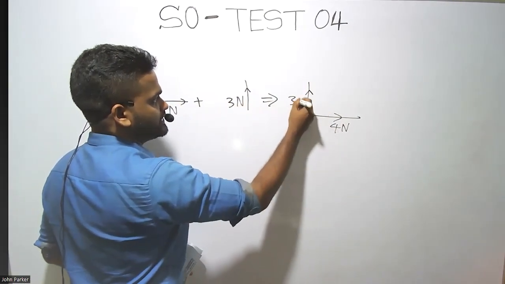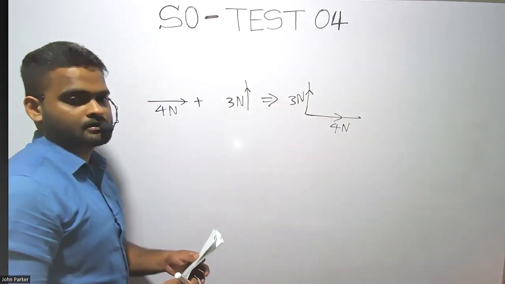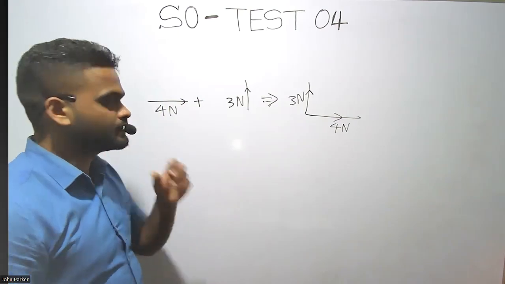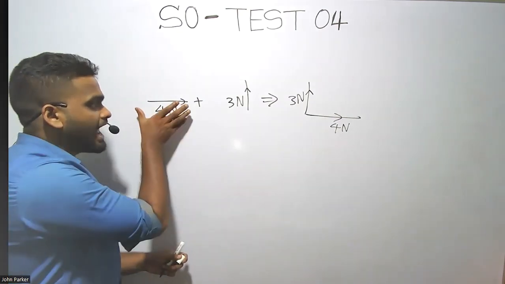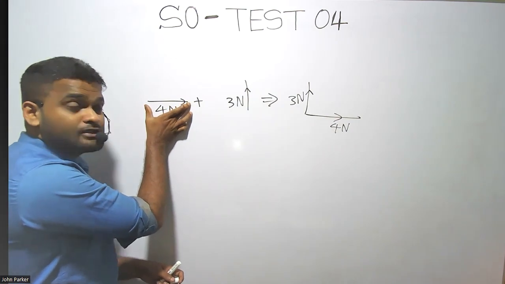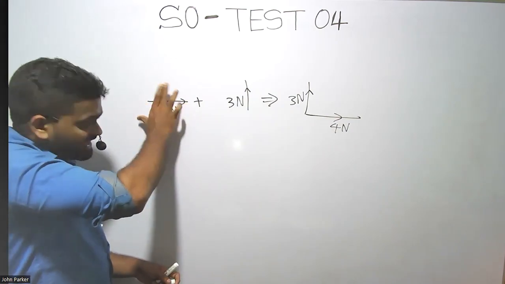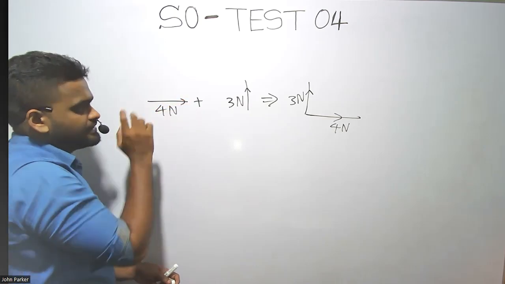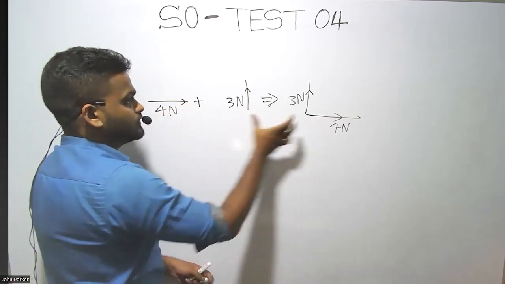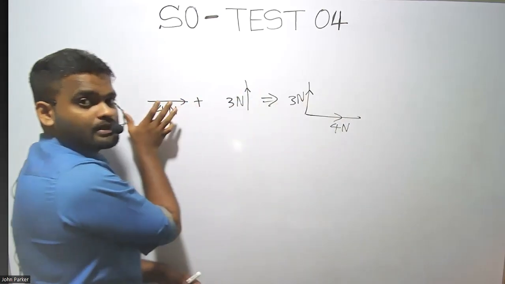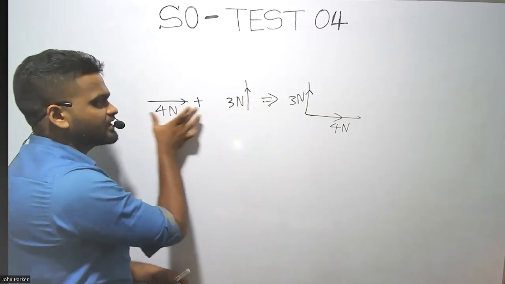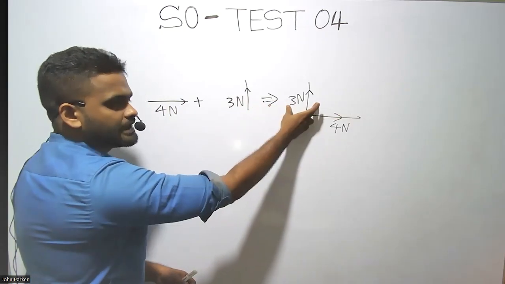The thing about vectors is you can move a vector anywhere you want, but you have to move it parallel to the initial vector. You cannot change the direction. Without changing the direction or the magnitude, you can move it like this, parallel to the previous vector, so the vector is not damaged. Same vector, 3 Newton here.